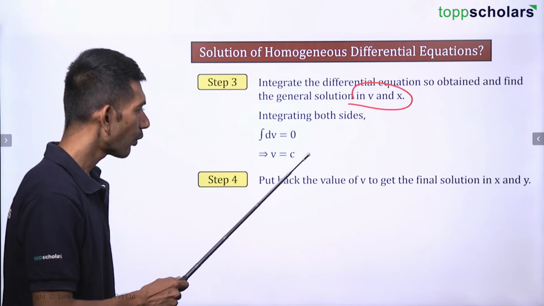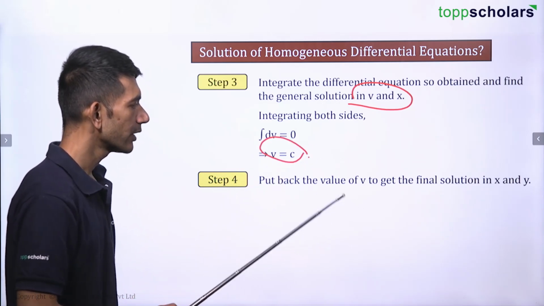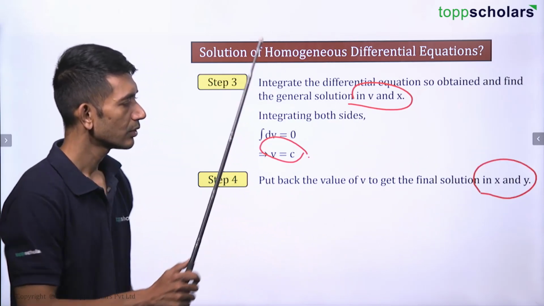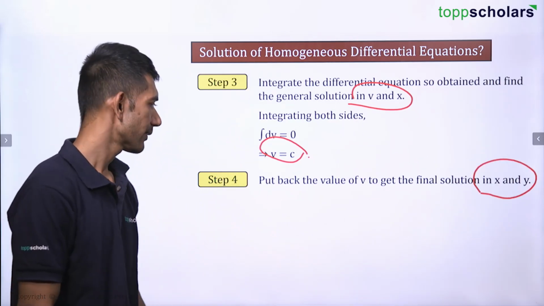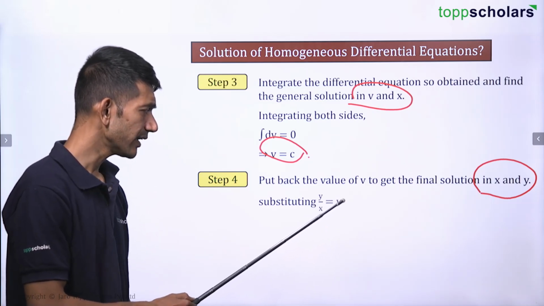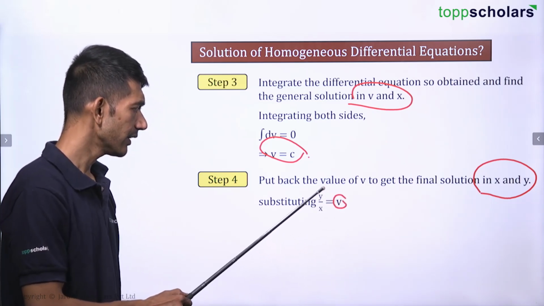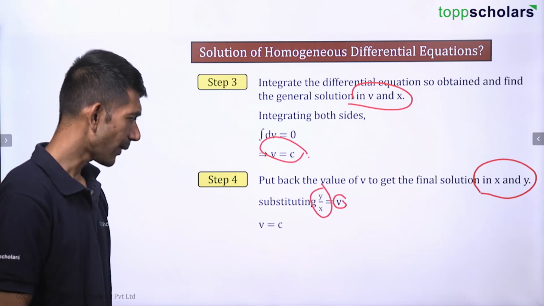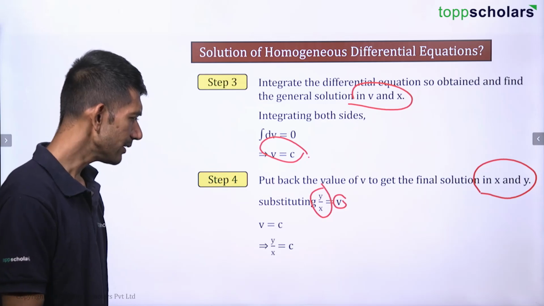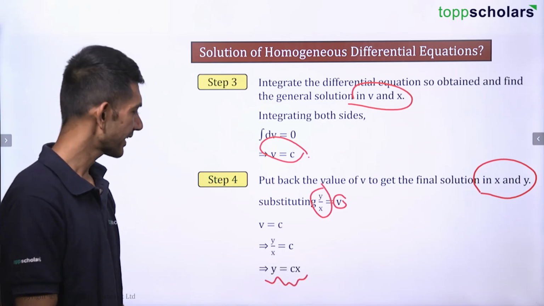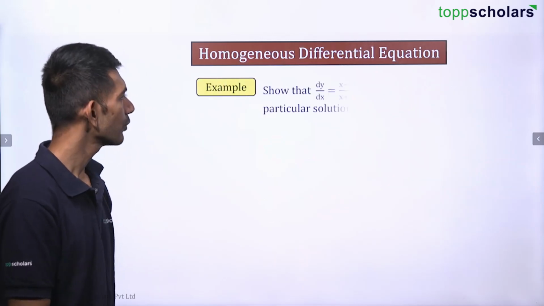Then whatever value of v you get, you put it back to get the final solution in x and y. We know that y = vx, so v is y/x. If v is c, can I say y/x = c? And then you get y = cx.